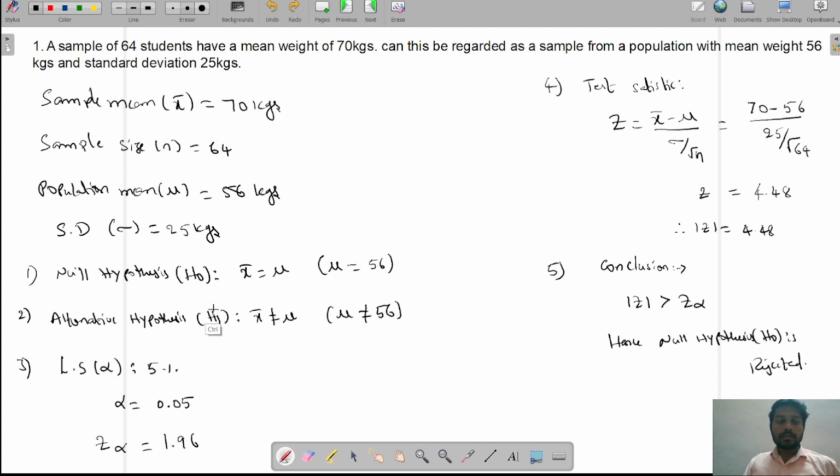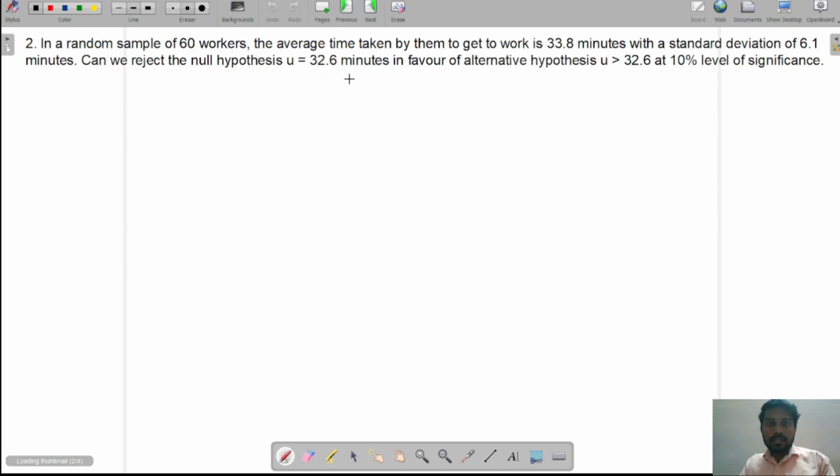Okay, right. So here I'll show you one example question. See, in this example question, he gave you in favor of alternative hypothesis nu greater than 332.6.